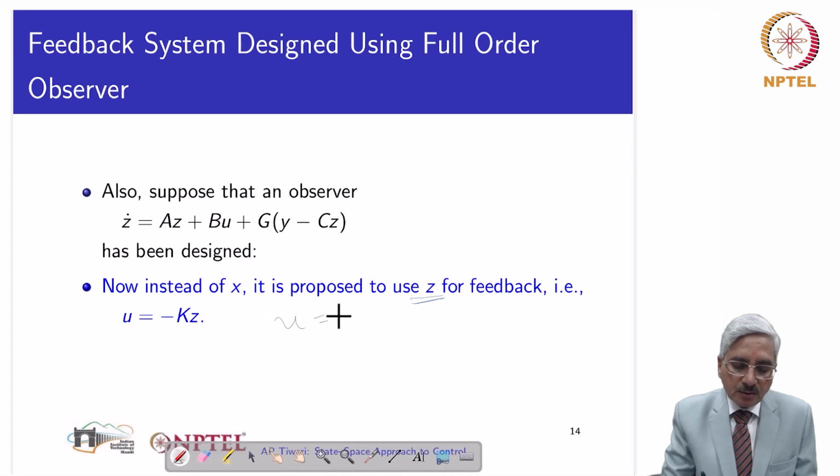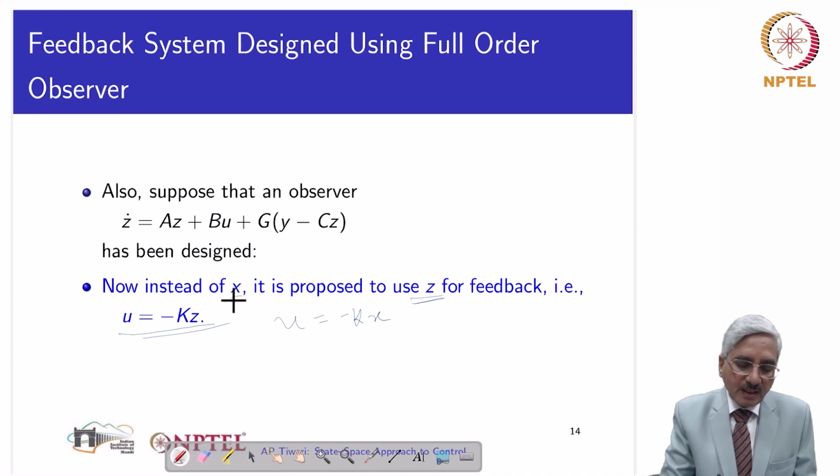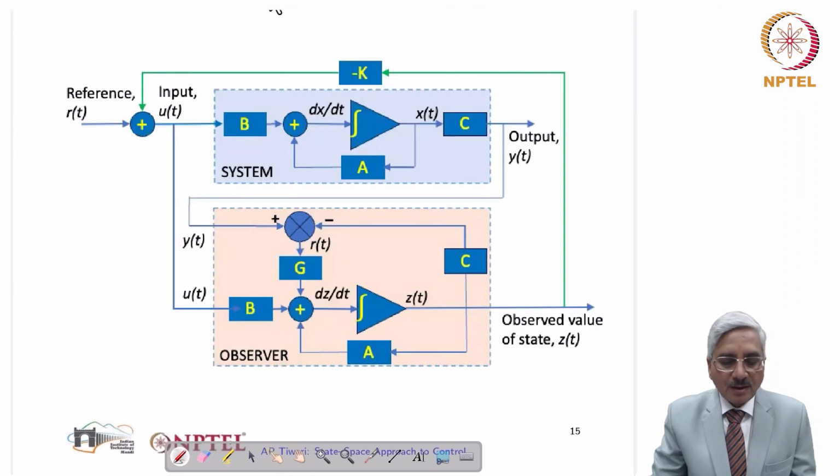So it was u equal to minus Kx. However, we want to implement u equal to minus Kz. So instead of x, we are using z. And at this point, we assume that probably it will work. So let us see whether or not it will work.